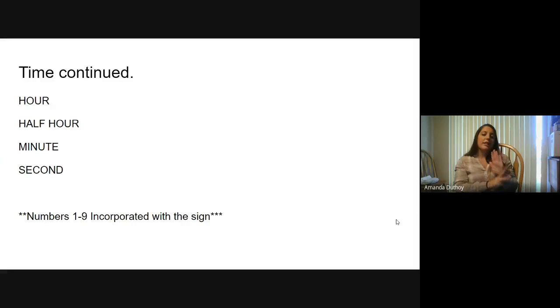Then you can incorporate it: 6 hours, or was it 10 hours? Half hour, you go halfway around. Well, that's 30 minutes, right? Minutes, you go from your pointer to your pinky. So 10 minutes. And seconds, you just go a little shorter. So hour goes all the way around, then minutes and seconds.